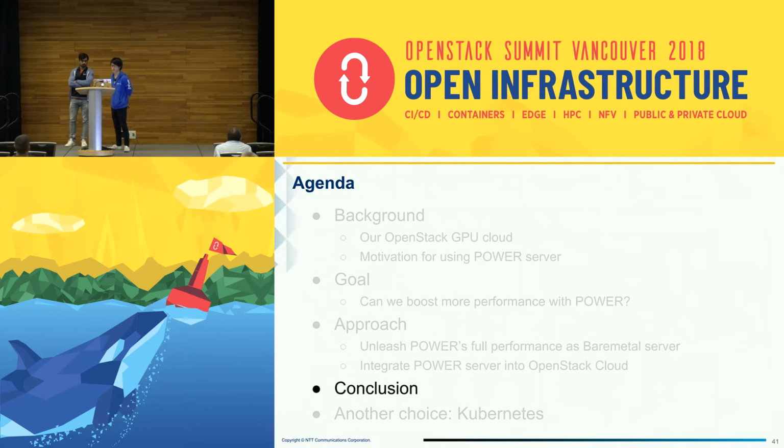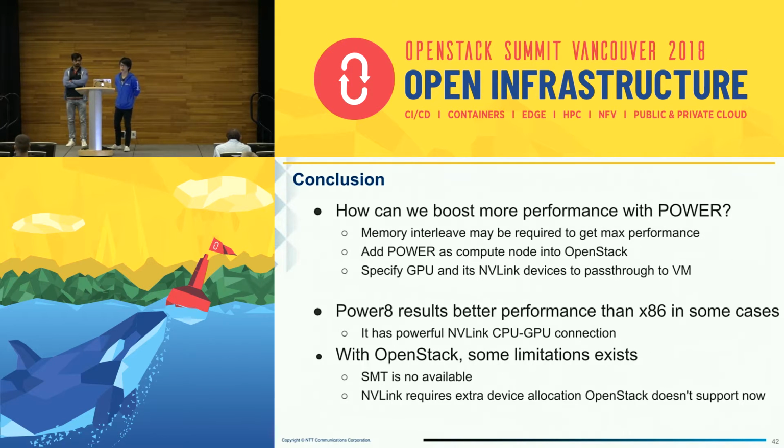Okay, conclusion. Yes, we could boost the performance with the Power server, with several points you should know: memory interleave, adding compute nodes, and passing through not only the GPU but also the NVLink devices.